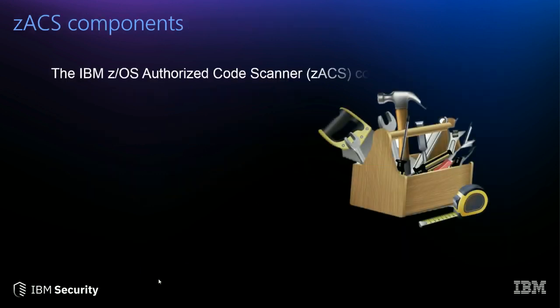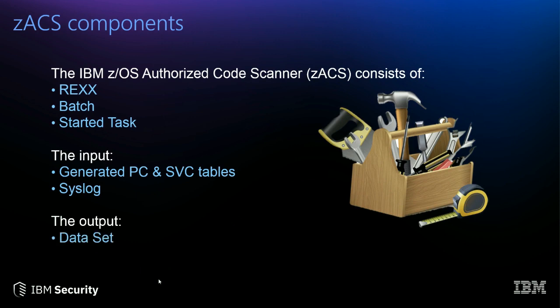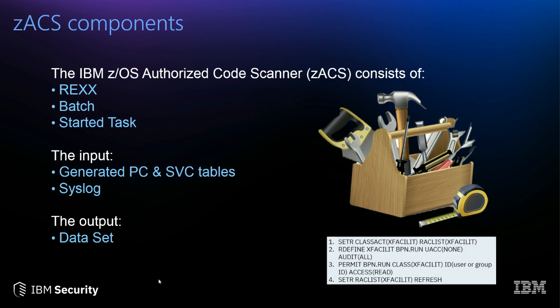Which are the components of zACS? Well, it consists of a started task, a set of REXXs, batch jobs, and associated datasets, input and output datasets. The started task runs authorized, while the tests generated by the REXXs do not. Both the input and output datasets contain sensitive data, as the input determines the aim of the scan and the output may describe potential vulnerabilities found on z/OS and their respective locations.